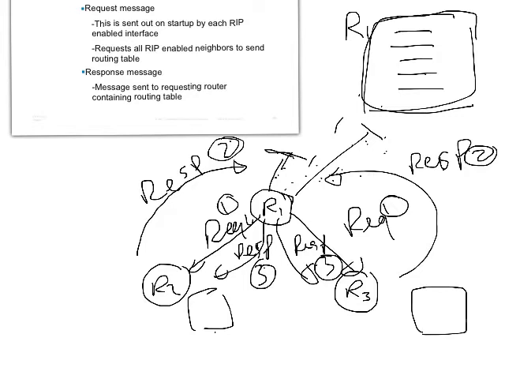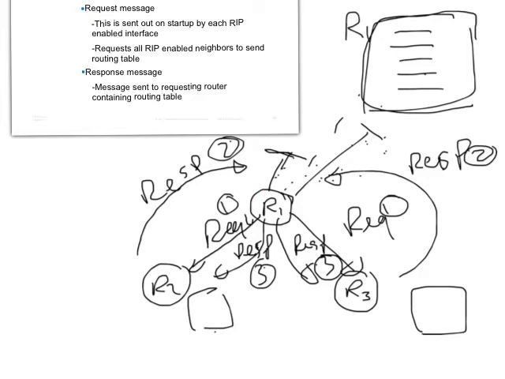So at the beginning, router 1 will receive responses from router 2 and router 3, will update the routing table, and then will group all these entries, which will include information about the directly connected networks, and then will send them to router 2 and router 3. So router 2 and router 3 will update their entries with the directly connected networks that are connected to router 1.